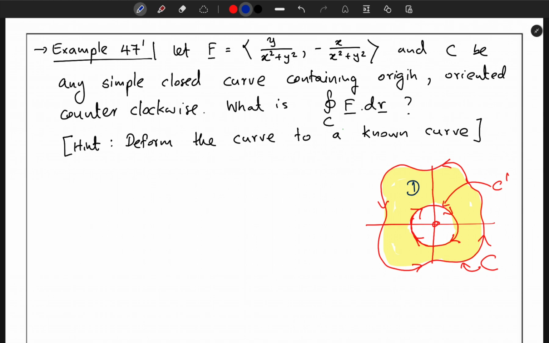Now the circulation over this boundary of D is equal to the double integral. This is Green's theorem over the region where you get Q sub x minus P sub y dA.